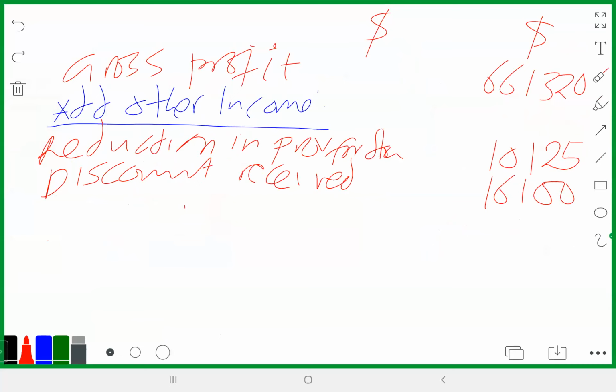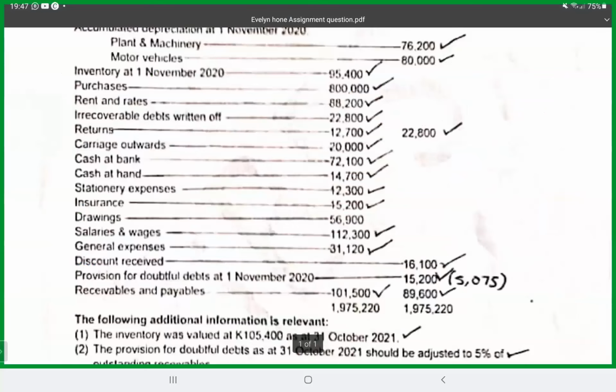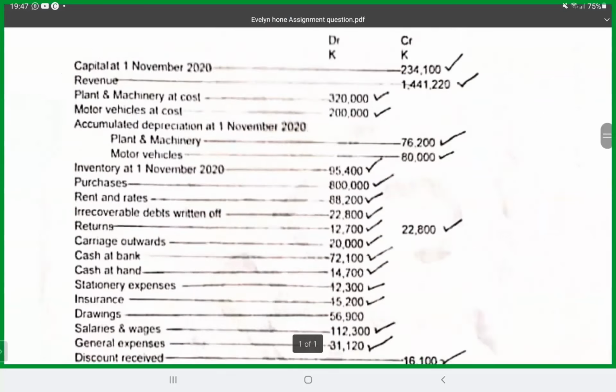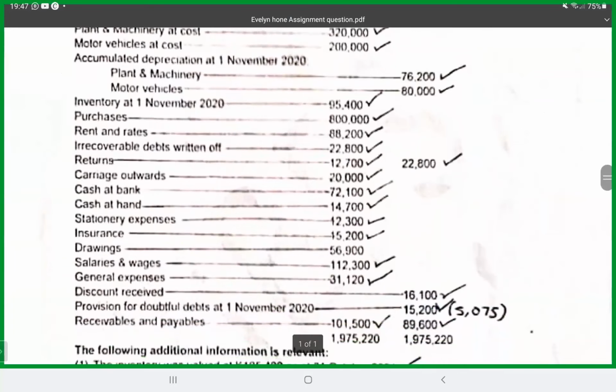16,100. Do we have any other income? Things like commission received, rent received, all those are other incomes. We've got rent and rates.